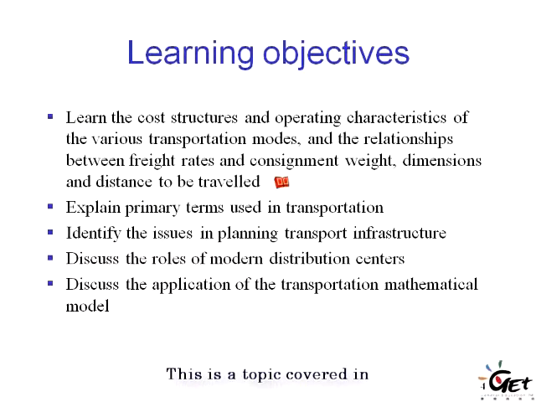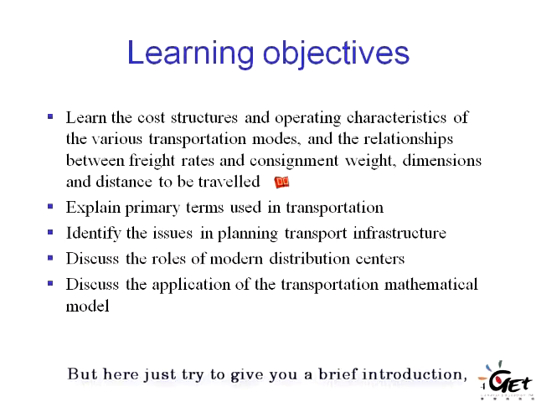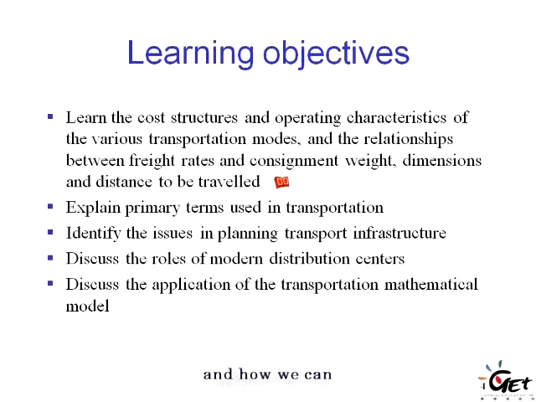This is a topic covered in a typical operations research class, but here I'll just try to give you a brief introduction and a rough idea, to see how this model works and how we can formulate a transportation problem, formulate a model. And once we have the model, then of course we can use some tools, some software, to solve the model. This is the last part of this chapter.